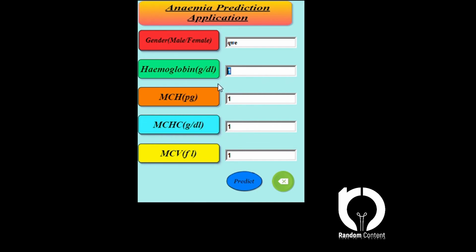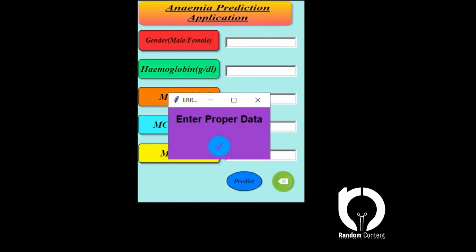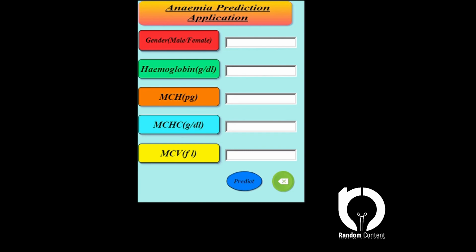And yeah, enter proper data, it will not even take an empty decimal point. So this is a foolproof project, and no errors will be generated. And all these images which are created when the application is run will all be deleted when we kill the application.